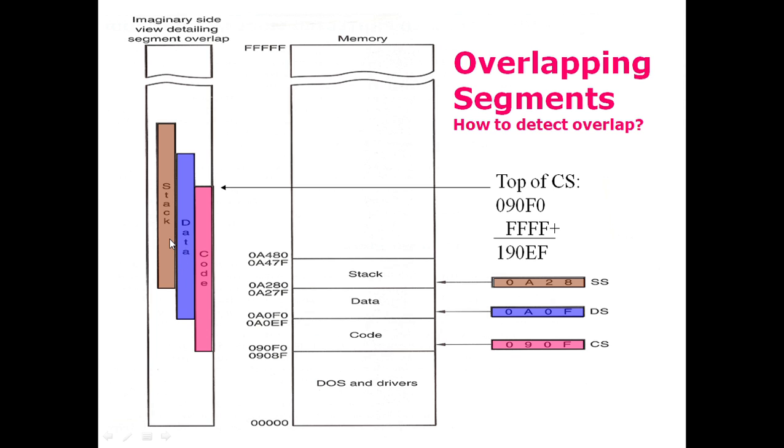So all of these three segments are overlapping. That is, some part of the code segment is also part of the data segment, and some part of the data segment and some part of the code segment are part of the stack segment. So these three segments are overlapping with each other.